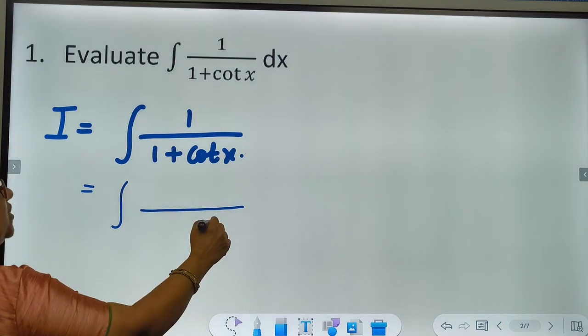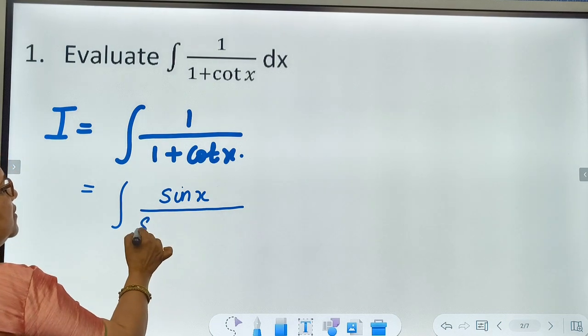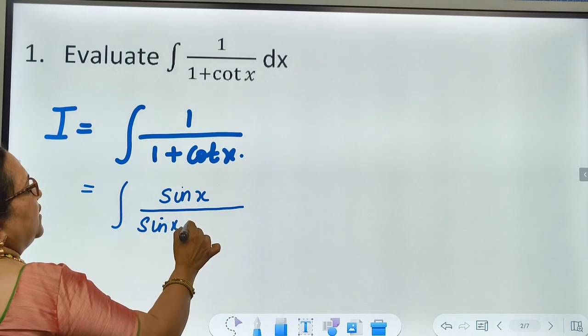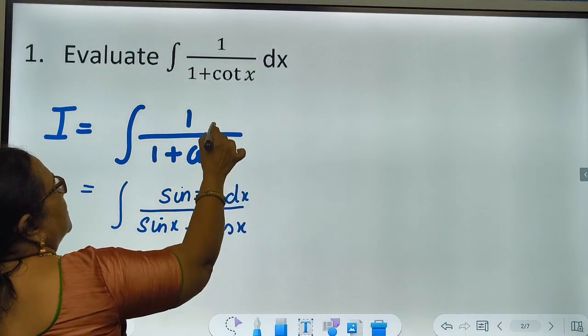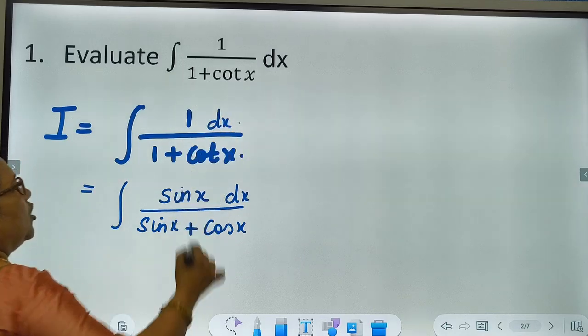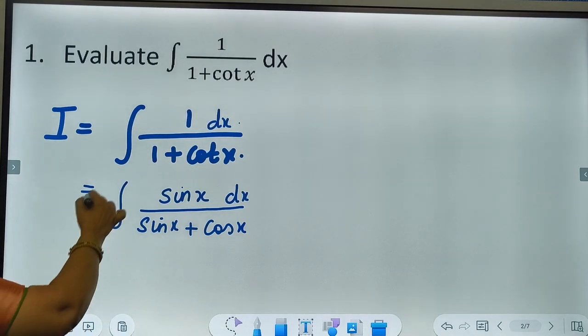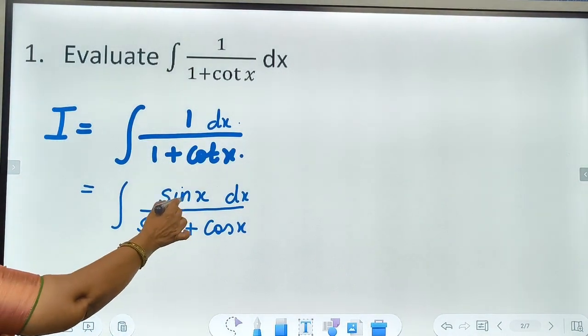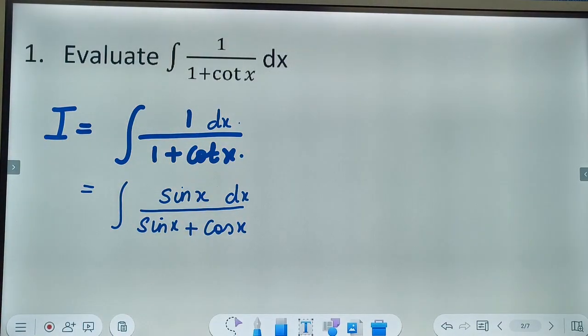When I write cos x by sin x, I will get sin x into sin divided by sin x plus cos x. So when I take sin to the numerator, I will get sin here and also here. So sin x dx by sin x plus cos x.